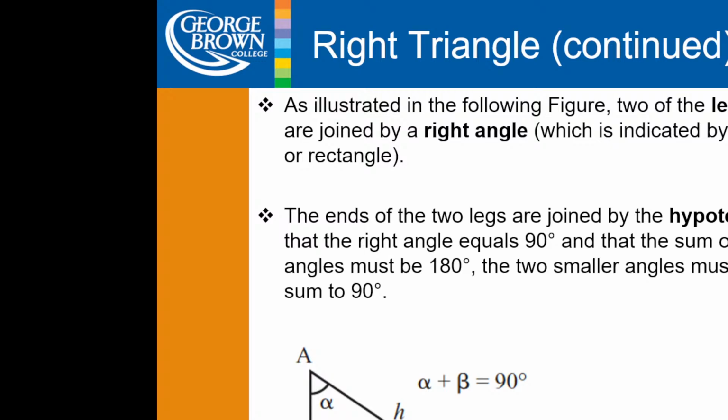If we know that the square means it's a right angle, that means it's 90 degrees. Then we know that the sum of the other two angles must also be 90 degrees. Now they can be other numbers. It doesn't have to be exactly 45, as an example, but they're going to have to add up to 90 degrees.